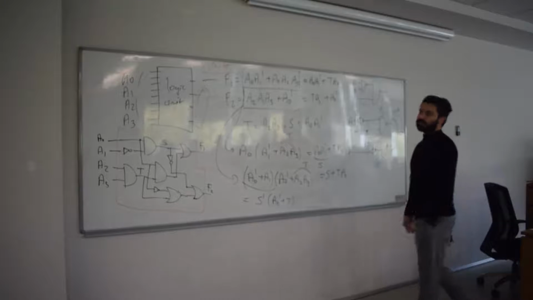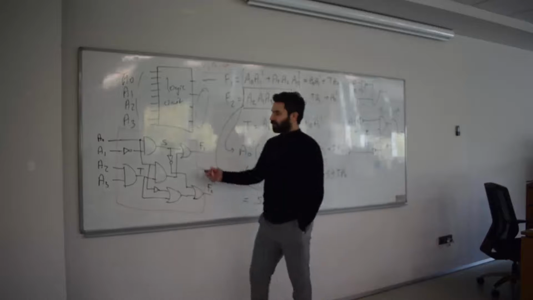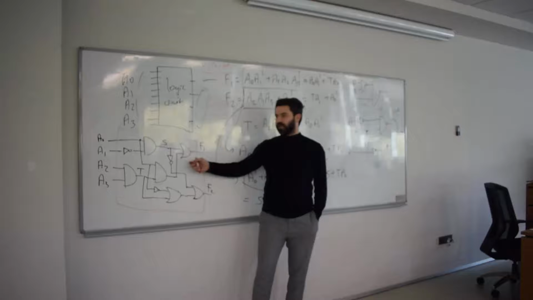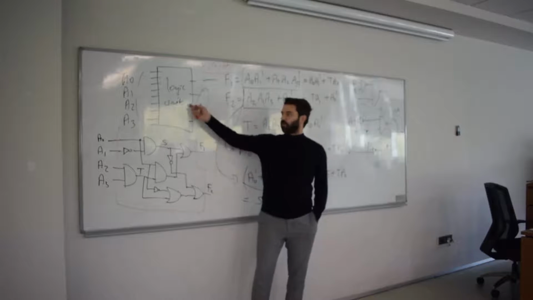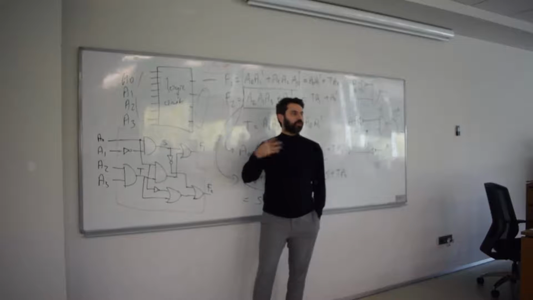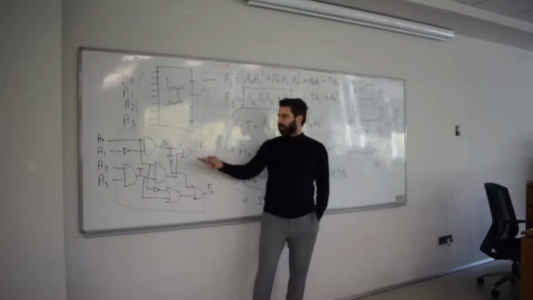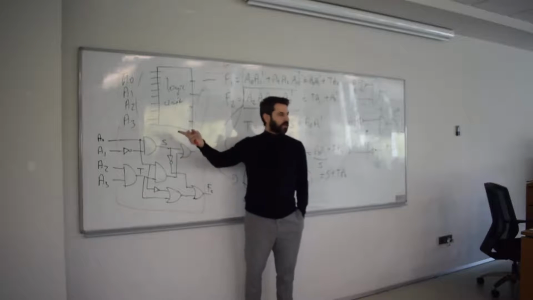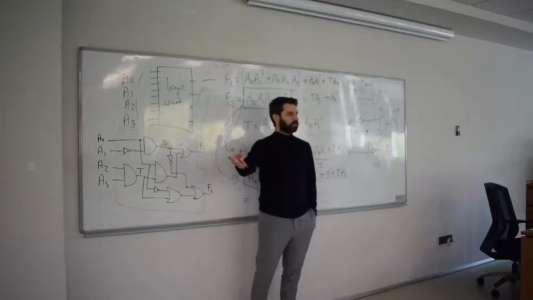So what your friend is asking, if you were to design this same circuit, and actually, in fact, in reality, we never implement this circuit using AOI gates, okay? In reality, we use either NAND technology or NOR technology, okay? So if you were to use NAND technology, the most simple approach is to replace the AND gate with its NAND equivalent, the OR gate with its NAND equivalent, and the NOT gate with its NAND equivalent, okay?